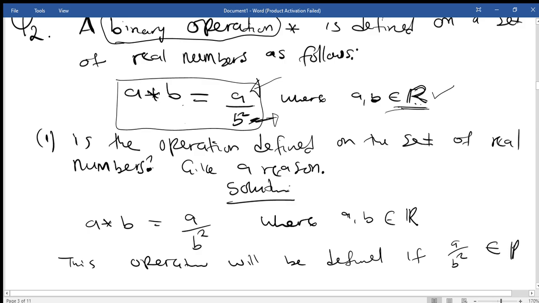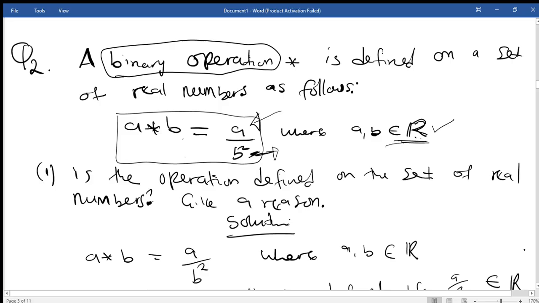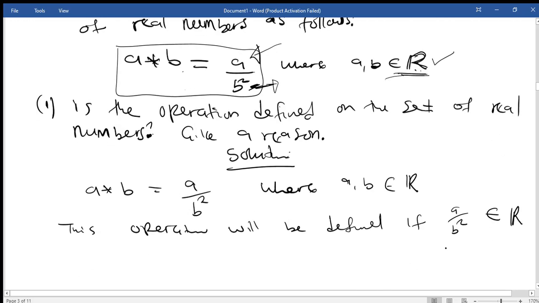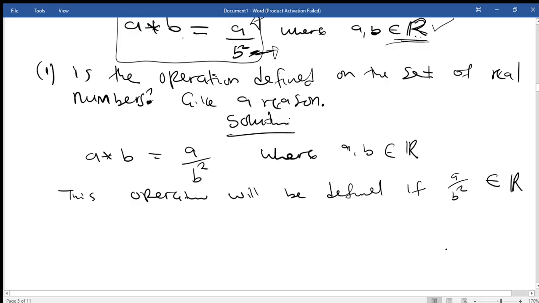If that is true, then it is going to be defined on the set of real numbers. If this fails, maybe it is failing now, but it can be defined on another set and not real numbers. So how do we check that? We look at an observation between A and B squared.